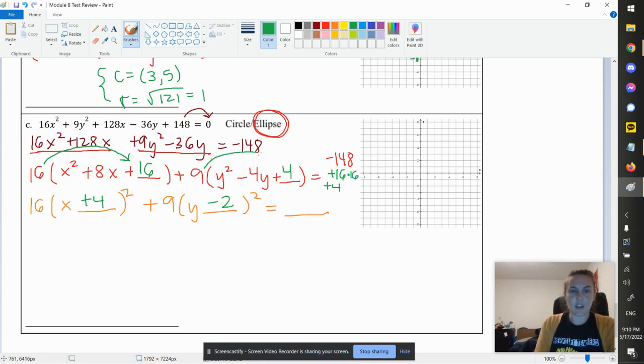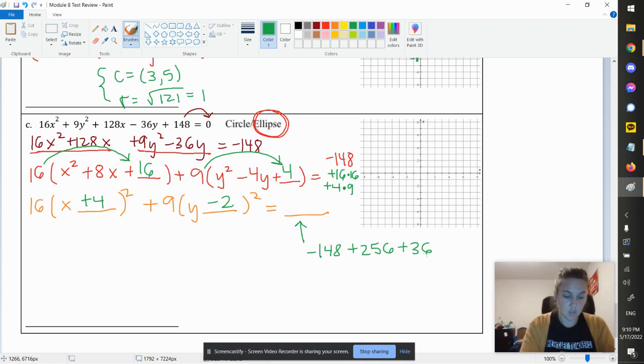And I added 9 times 4. So right here, this is actually negative 148 plus 256 plus 36. So let's do that. 256 plus 36. Let me make sure. Yep. Minus 148, which ends up being 144.